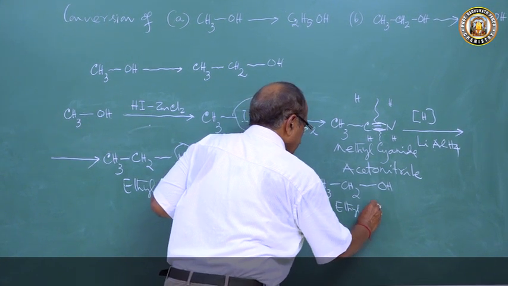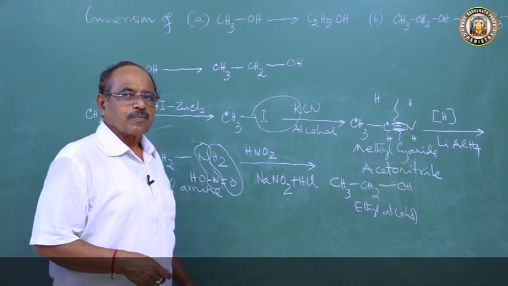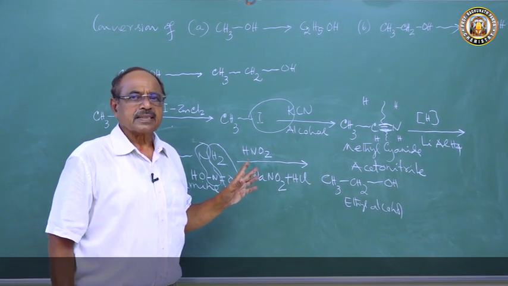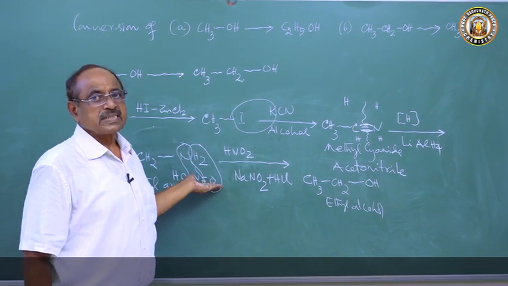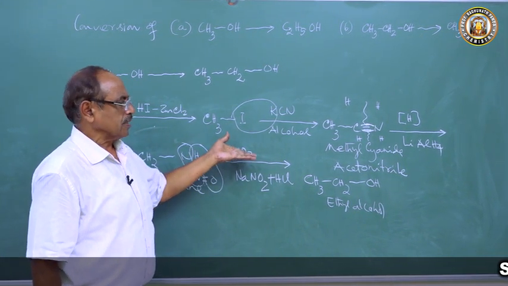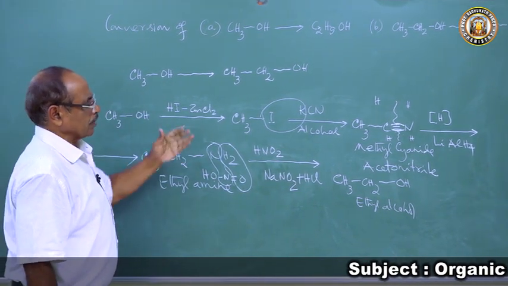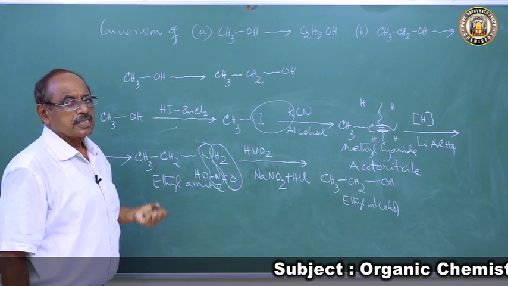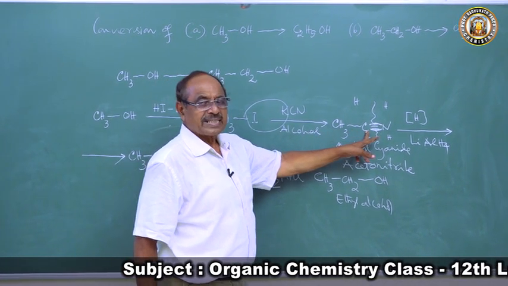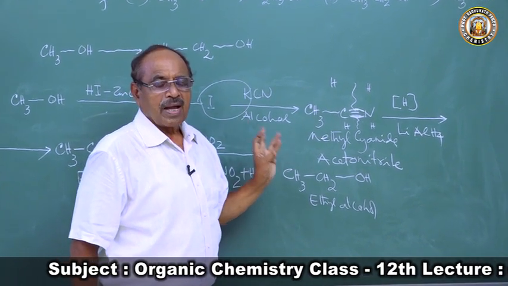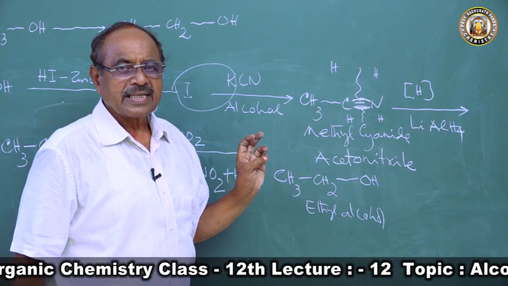So wherever there is an increase of one carbon atom, the best method is to go by Grignard synthesis or by cyanogen synthesis. I will teach you what cyanogen synthesis is after finishing this alcohol chapter. The cyanogen group can give us alcohol, amine, carboxylic acids, aldehydes.